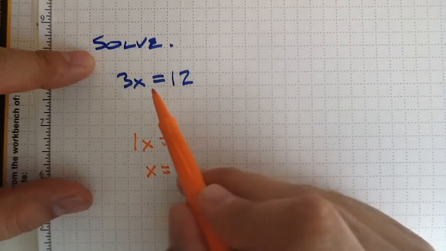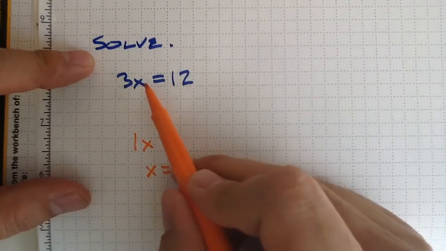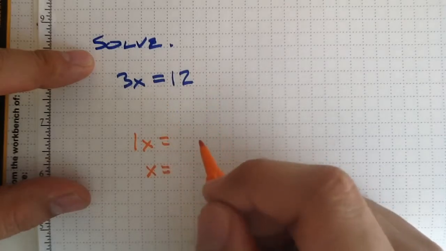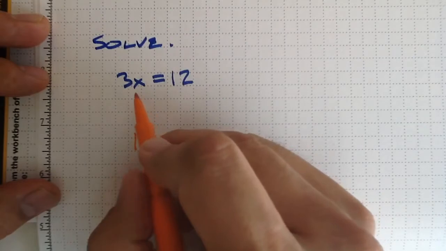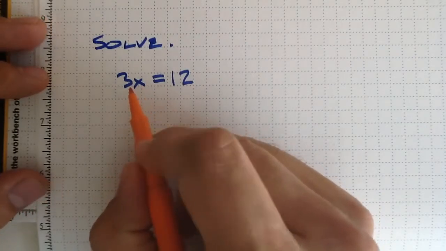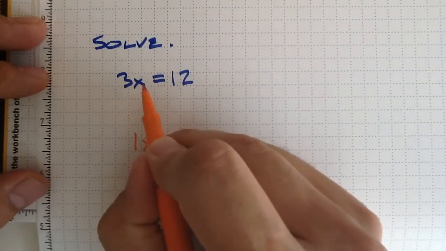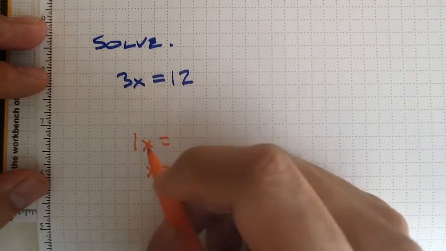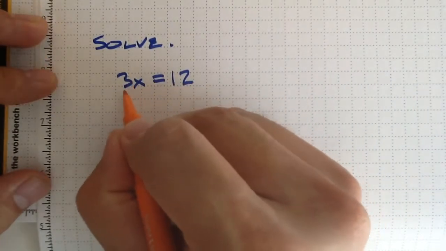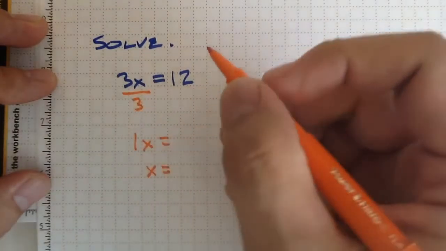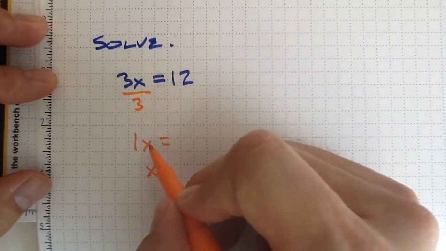So just realize that even though the idea is we're still trying to get x by itself, the way in which we do it is a little bit different when it comes to multiplication and division. Now in this case, like what we saw in the balance scales, here we have 3 x's, which equal 12, but I only need to know what one of the x's is equal to. So I'm going to divide this side by 3 and get myself down to 1x.